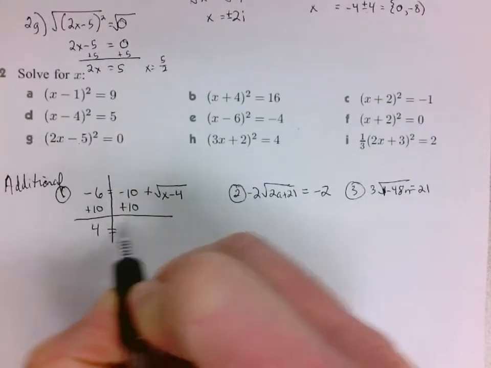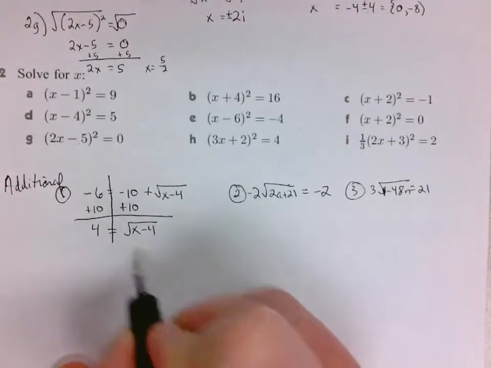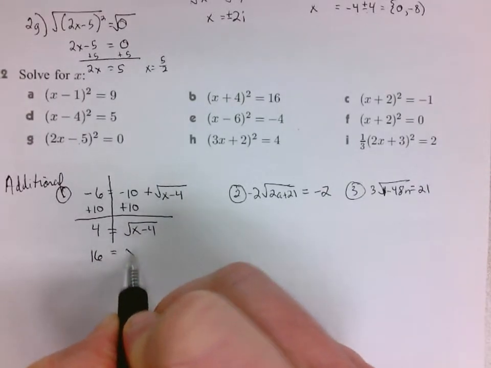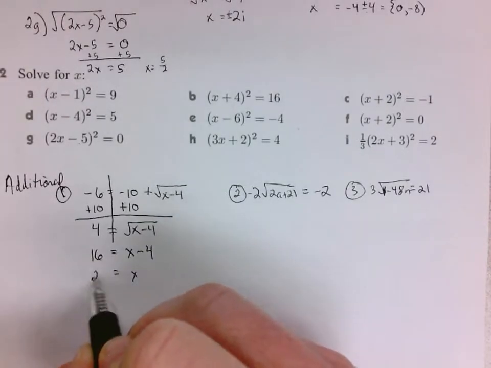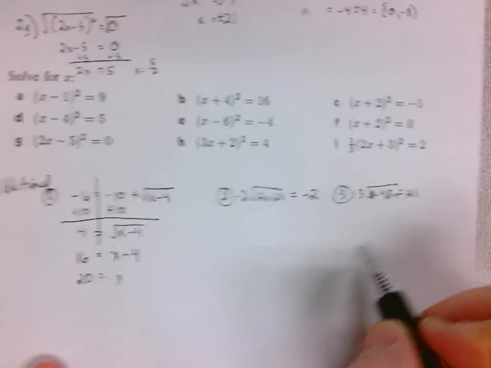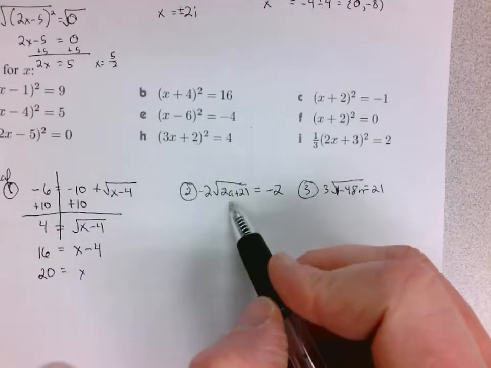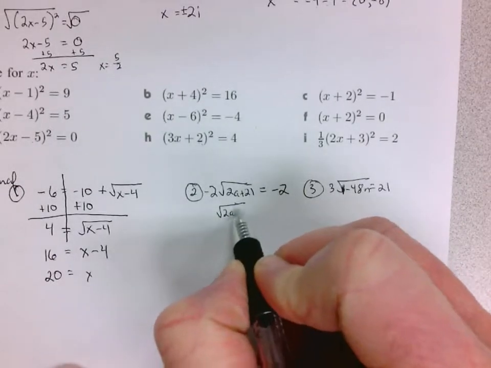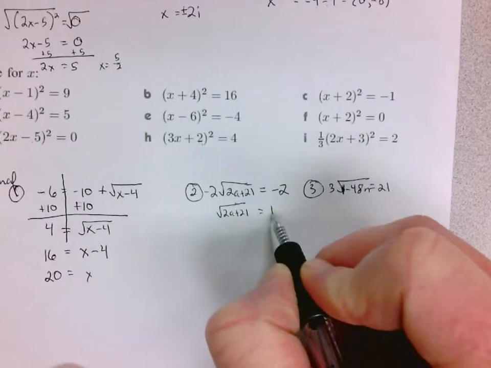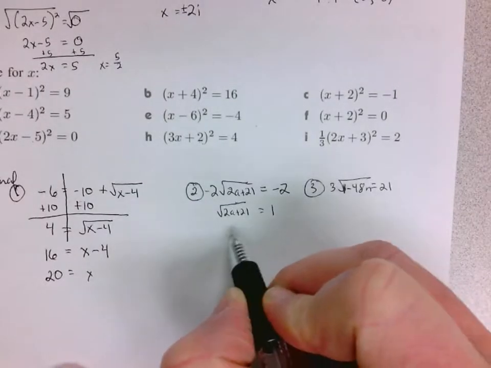You're just at the other end of the isolation. Opposite of taking the square root is squaring. So again, seeing the similarities, isolating the squared quantity or isolating the square root. Divide both sides by -2, square.